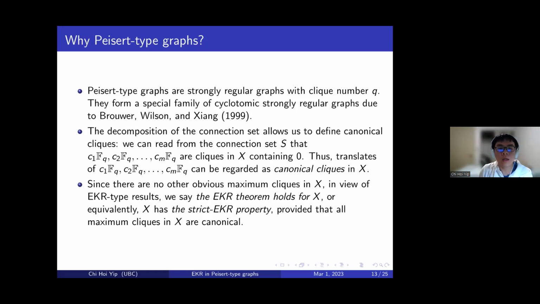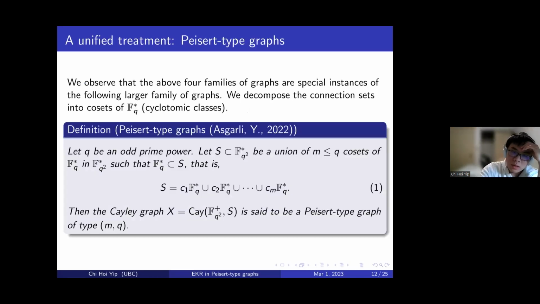So again, we can try to compute the clique number, and once we have the clique number, we can try to define the canonical cliques. This decomposition makes it much easier to define canonical cliques, because from the decomposition we can just read off which kind of cliques should be canonical.